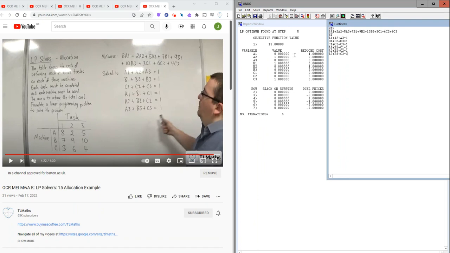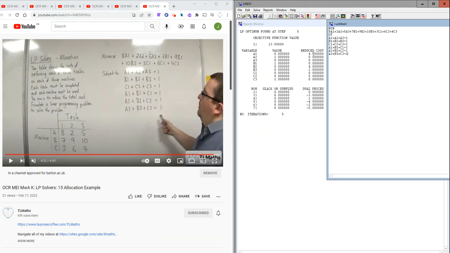It's also saying that if I force machine A to do job 1, then it will increase the cost by 4, which means that my minimum value will now be 17. Okay, because I was minimizing, reduced cost will just worsen the situation.